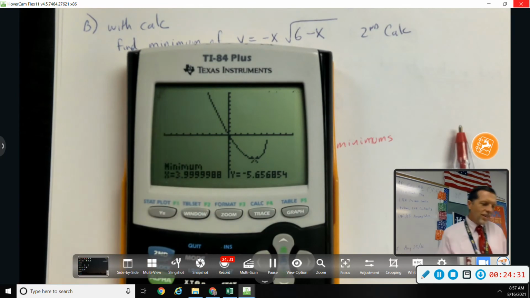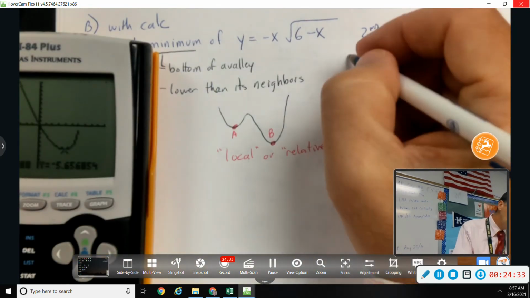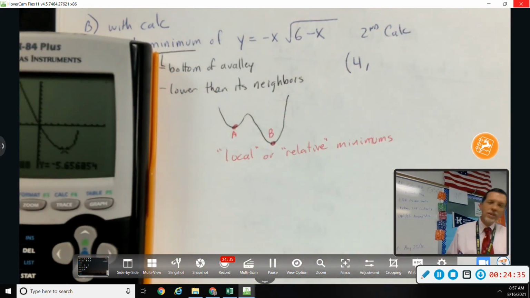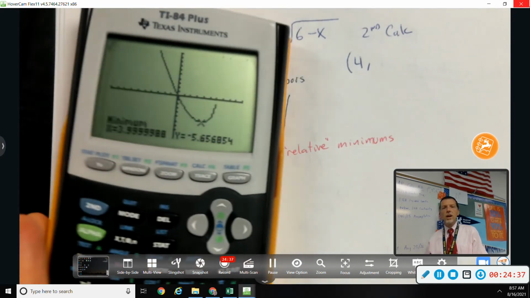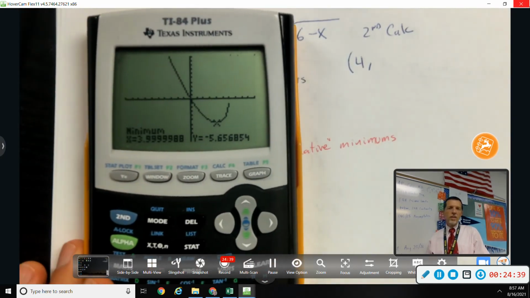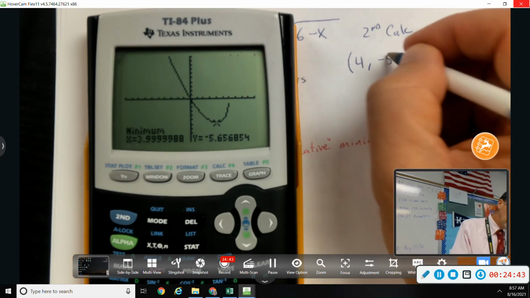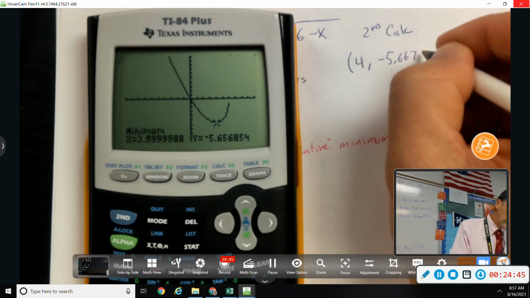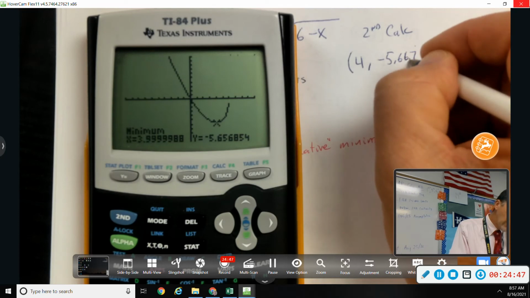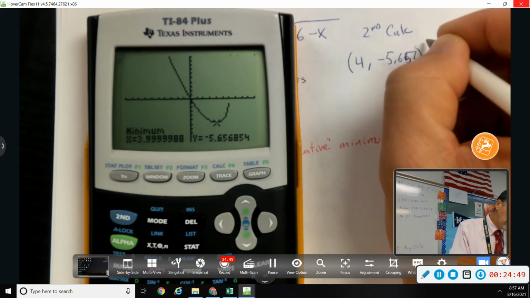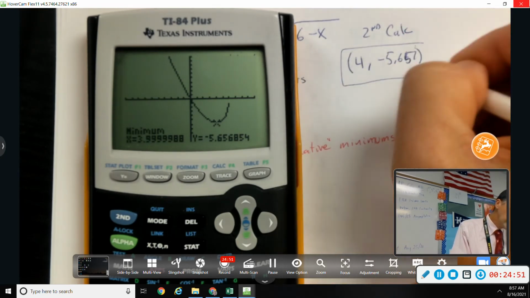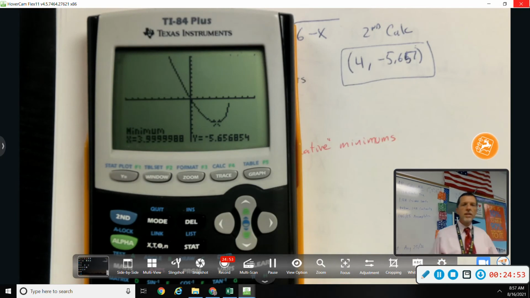So it doesn't quite get there exactly, but I'm pretty sure that it's trying to tell me that it's 4. Now the Y value, that one's not as clear. So I guess we'll just round to 3 decimal places and 657. So there's the minimum of that graph that the calculator found.